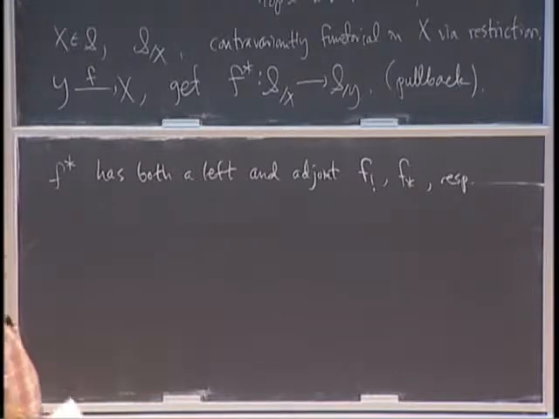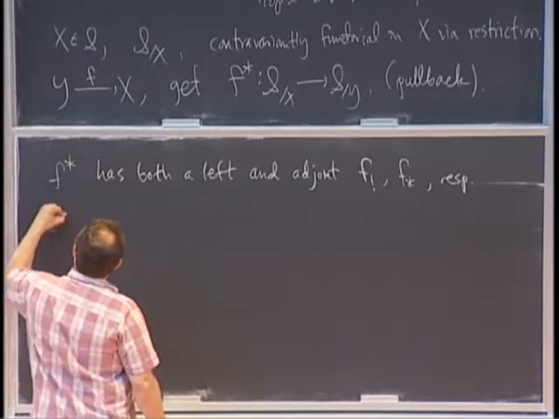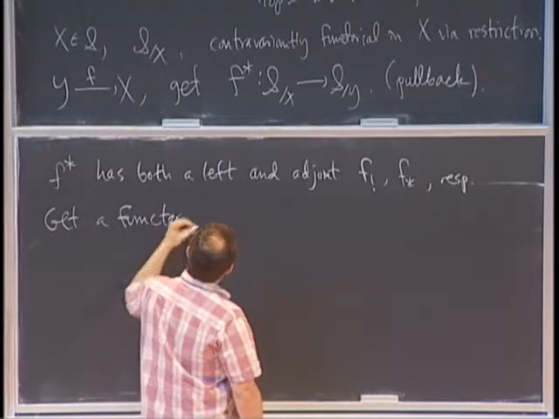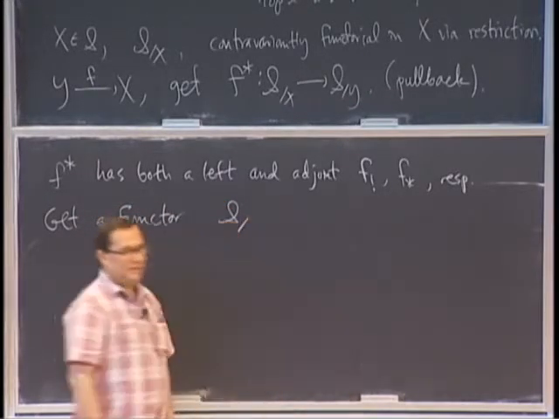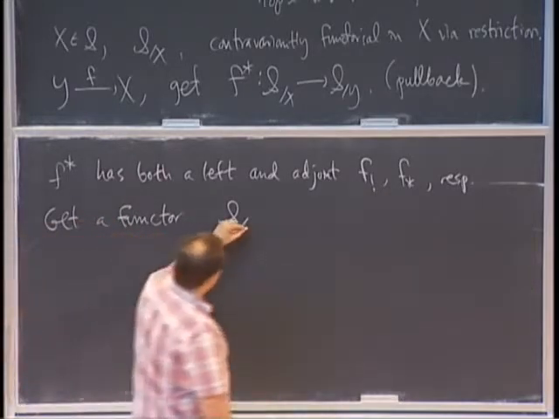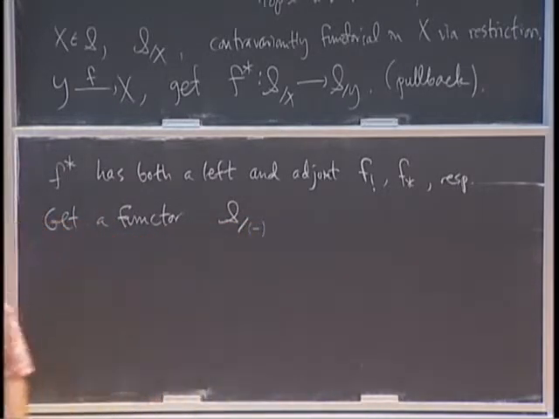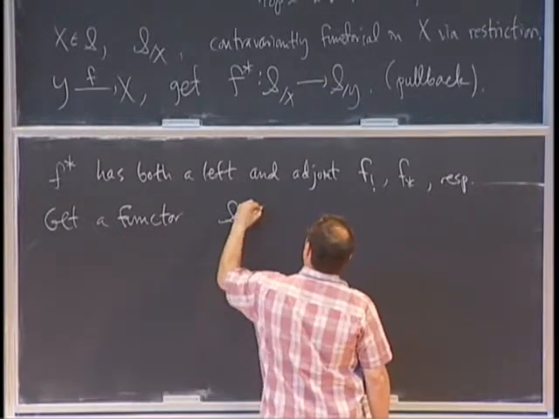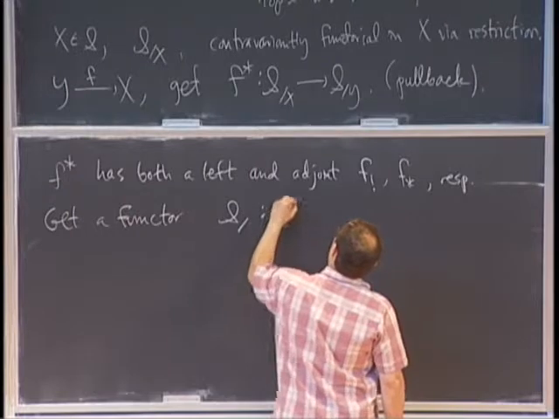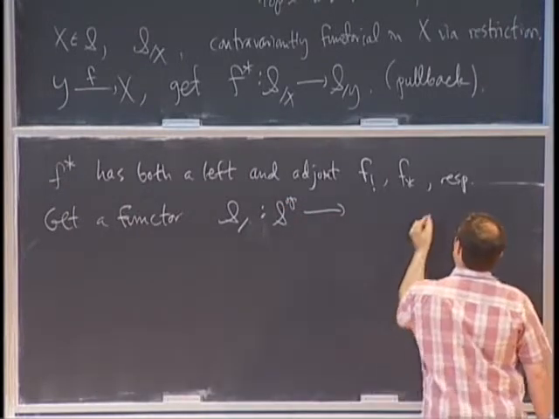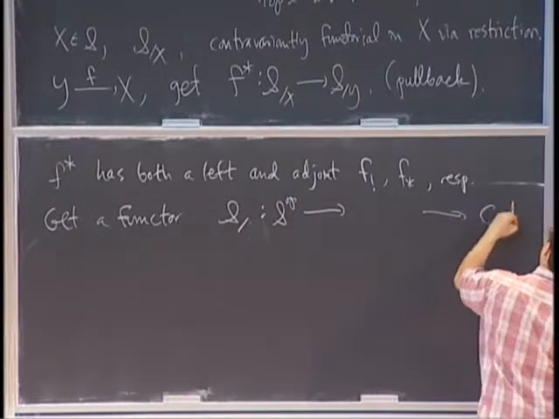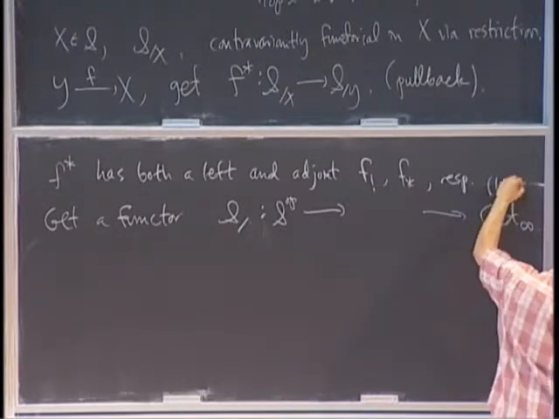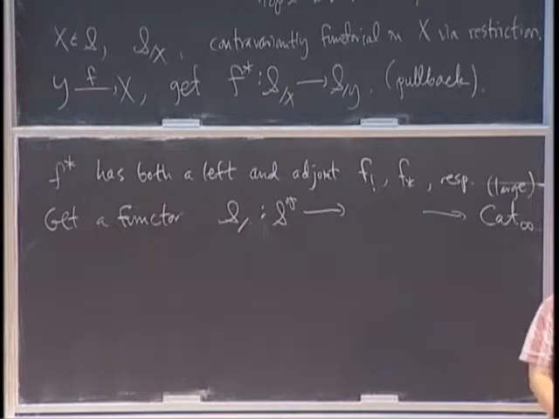So what I actually get then is a functor, which I'll call S slice. You're supposed to think of it taking a variable there, but I won't always write that. I'll just write S over. And it's from S op, and it lands in large infinity categories.